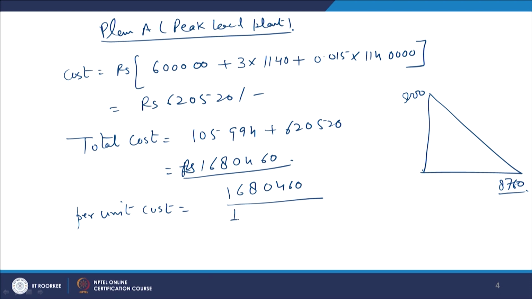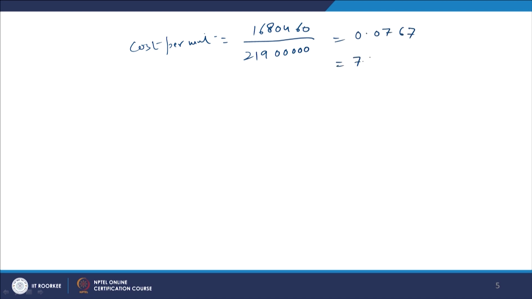So, the cost per unit is 168,0460 divided by 219, which is equal to 0.0767, or 7.67 paisa per unit.